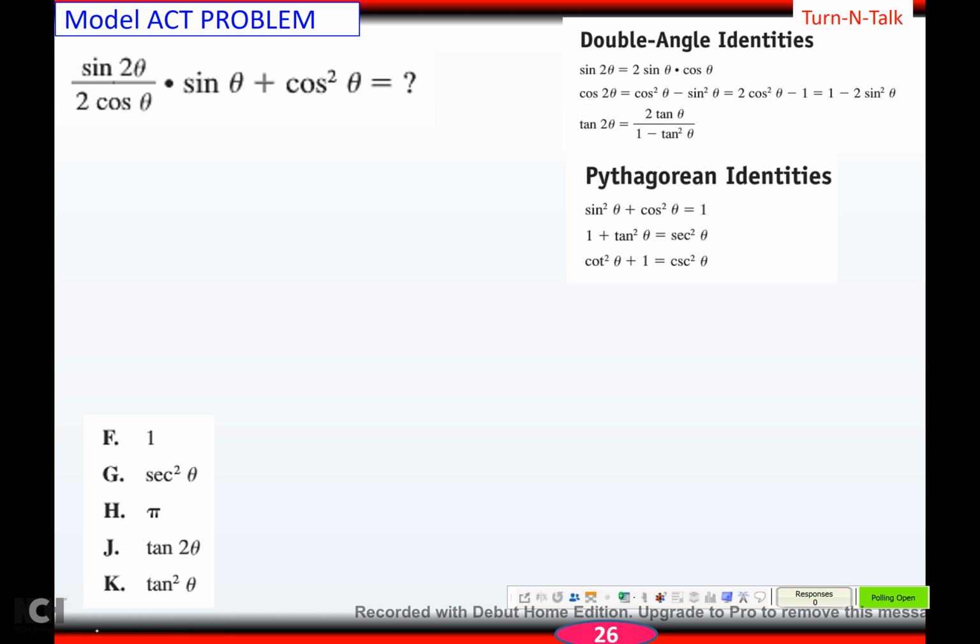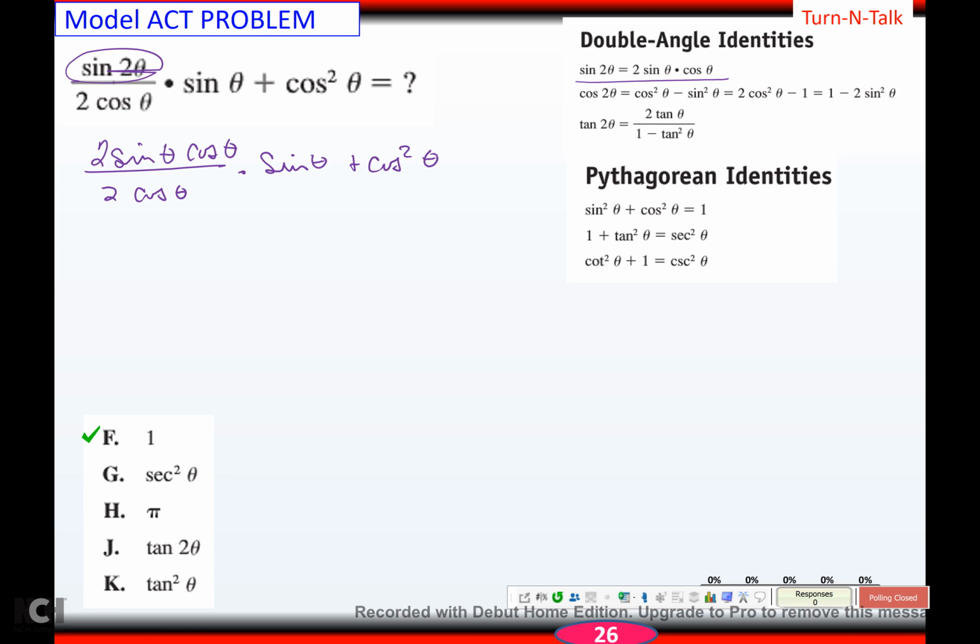Alright, try this one. Hit pause. Come back when you're ready. And hopefully you got 1. Okay, I see a double angle identity, so I go to my double angle, and I'm going to rewrite the top with 2 sine theta cosine theta, and that's over 2 cosine theta times (sine theta plus cosine squared theta).